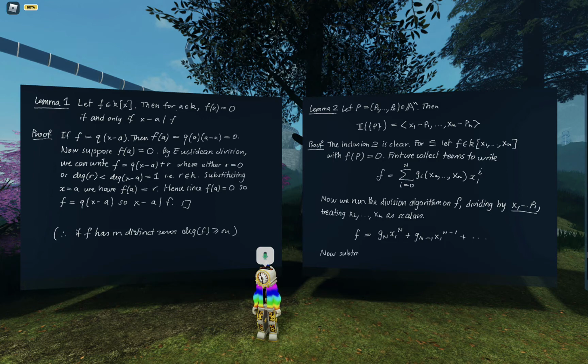So in the division algorithm, we should subtract something times x1 minus p1 in order to cancel that leading term. Clearly what we're going to subtract is gn x1 to the n minus 1 times x1 minus p1, because then this times this will give us exactly the thing we need to cancel off.